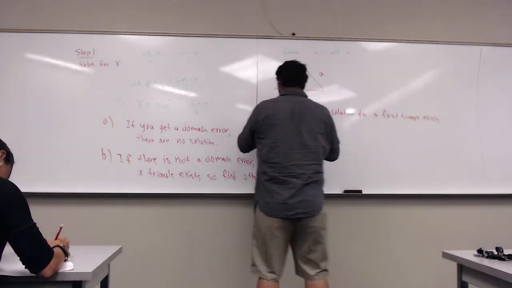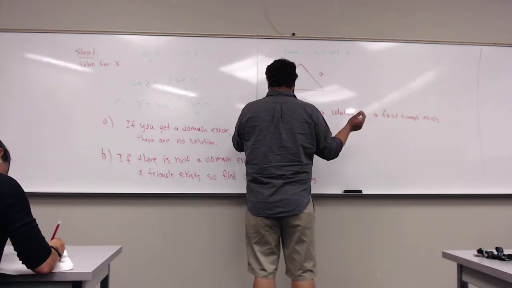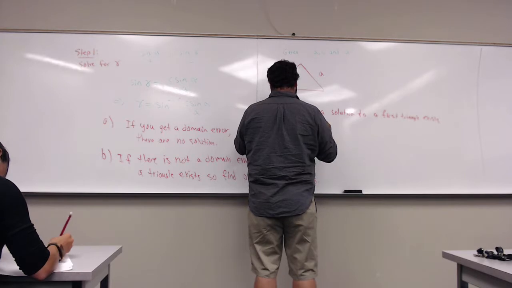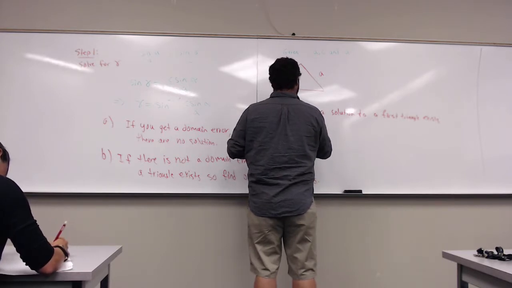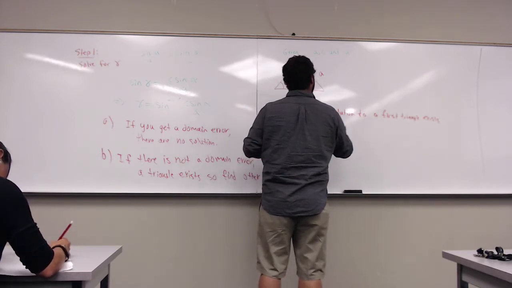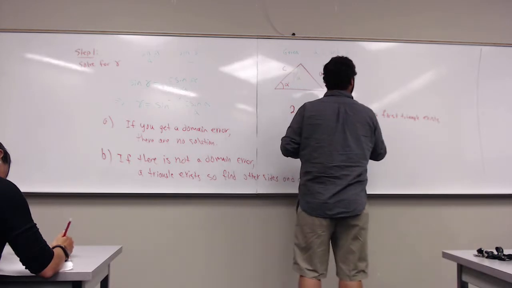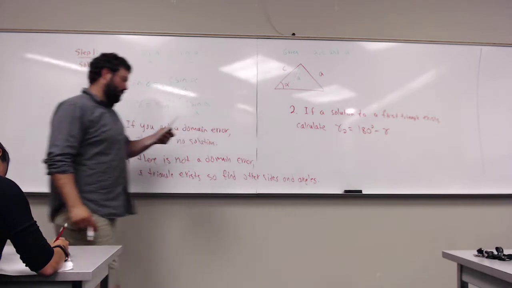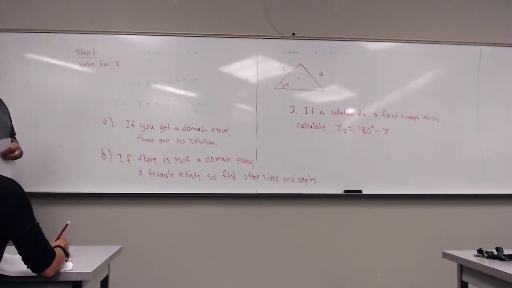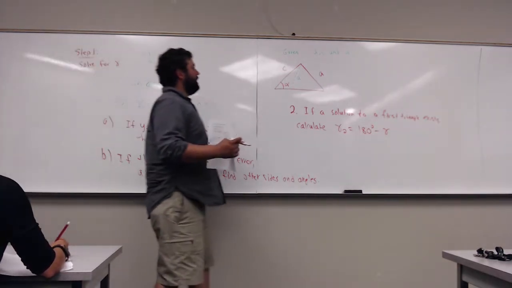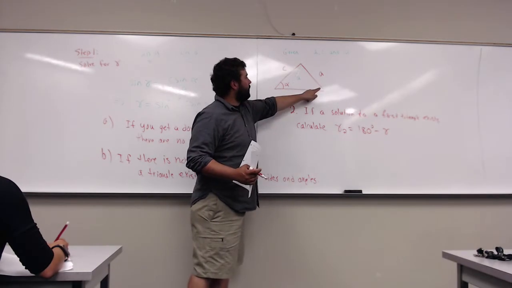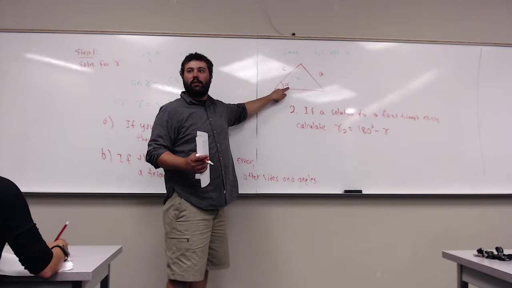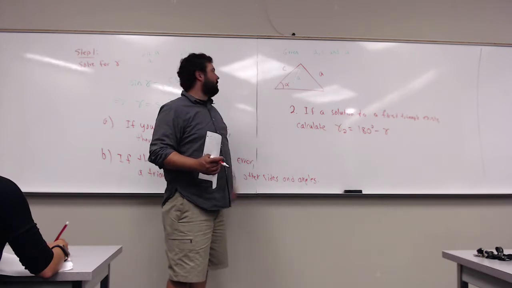So if a solution to the first triangle exists, you would calculate a second possible angle, gamma sub 2, and it's 180 degrees minus the first one. Again, I'm going to skip through the argument, but if a first triangle exists, this other angle over here just ends up being 180 degrees minus that one.